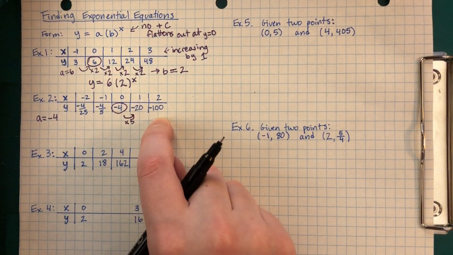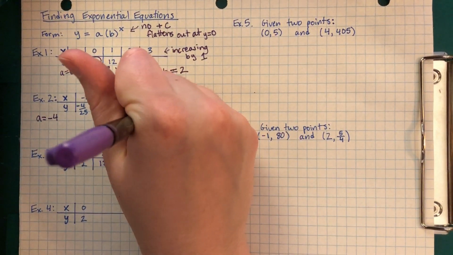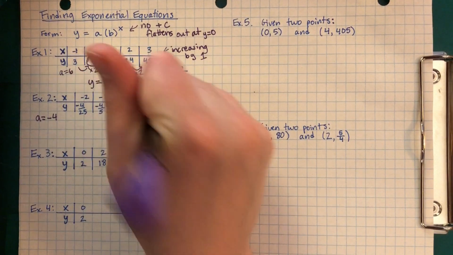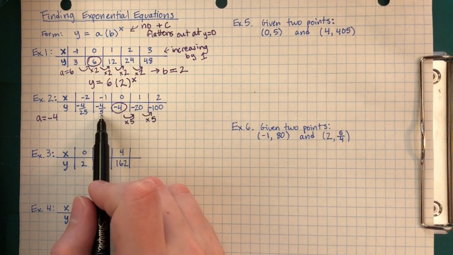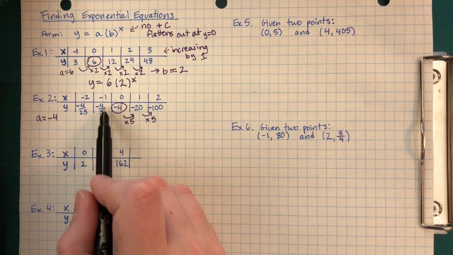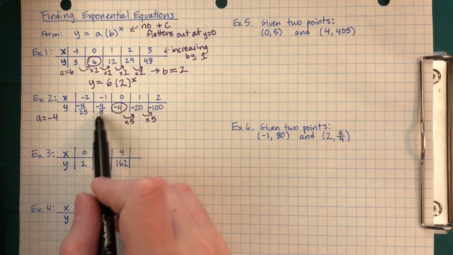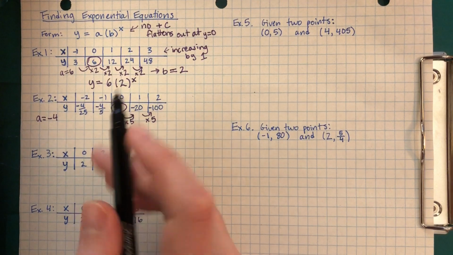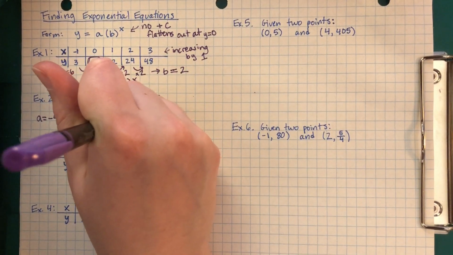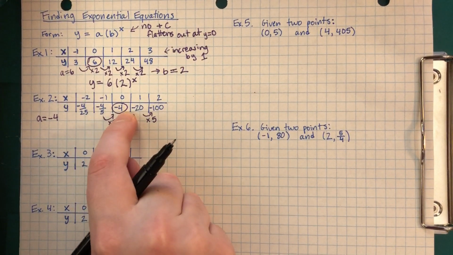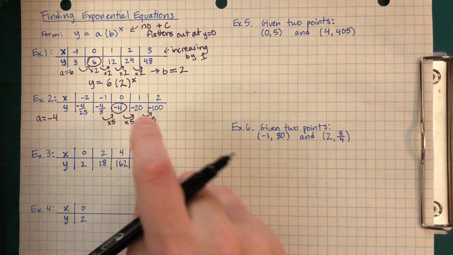So -20 times 5 would be -100. And then let's make sure it would also work this way. If I took -4 over 5 and I multiplied by 5, those 5s would cancel out, and I would just get -4. So I could indeed get from this number to this number by multiplying by 5.